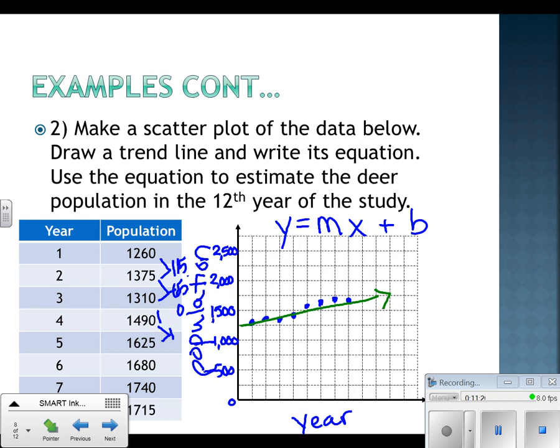Here, this looks messy. So 180, 135, and then 55, and then 60, and then from here to here it went down. So it did go down 2 different times, from year 2 to 3, and then from year 7 to 8. But overall it's going up over time.